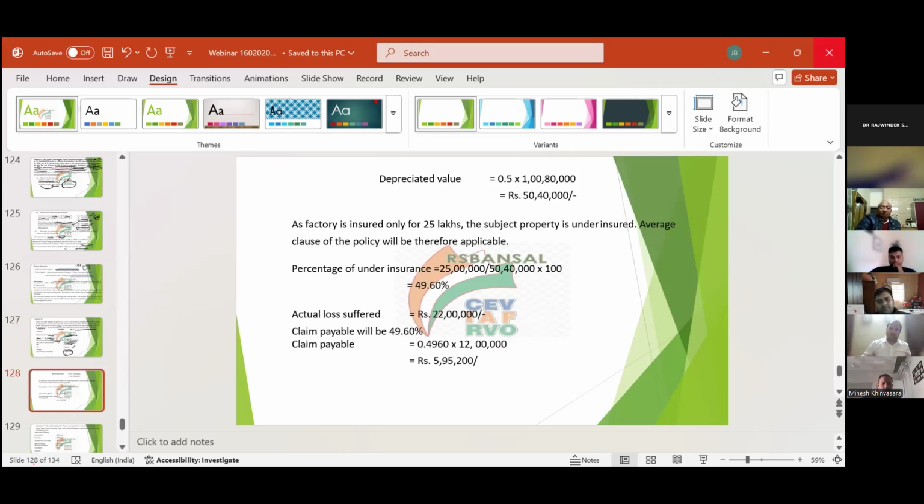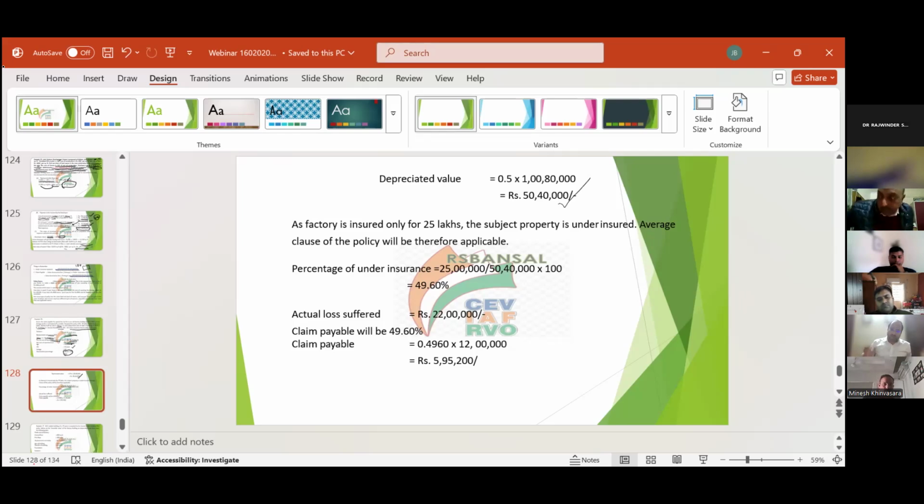But you have taken an insurance policy for 25 lakh. It means the value at the time of claim is 50 lakh 40,000, but you have taken a policy of 25 lakh. So it is under insurance.